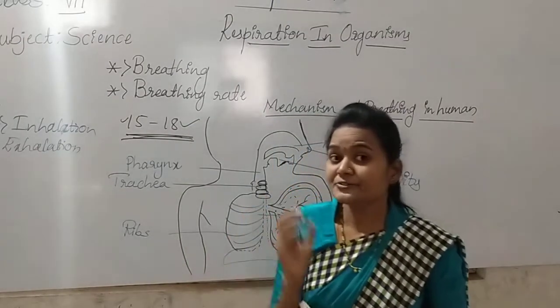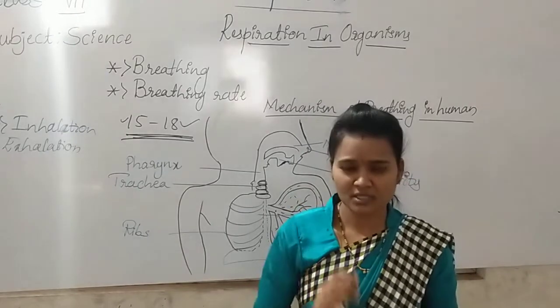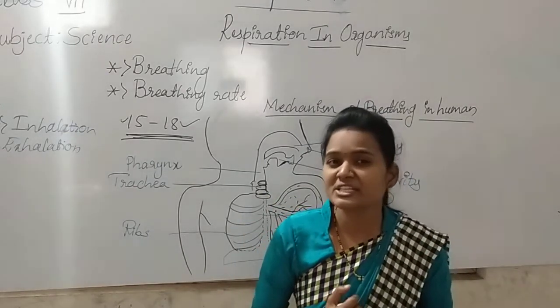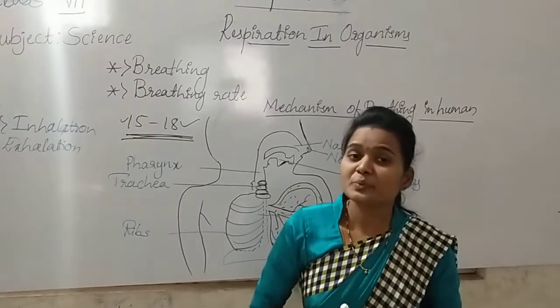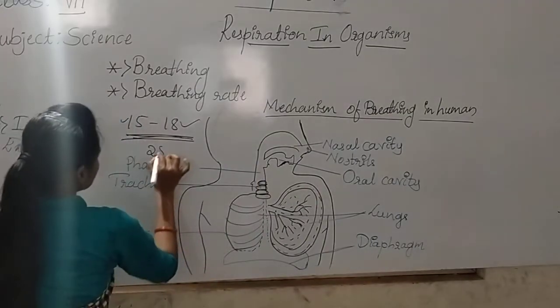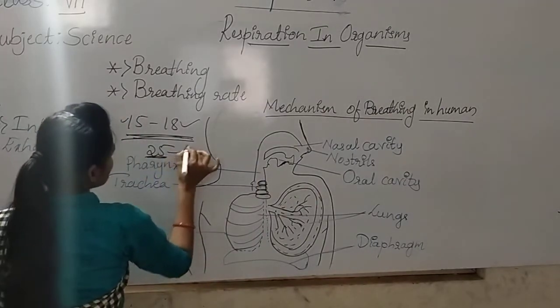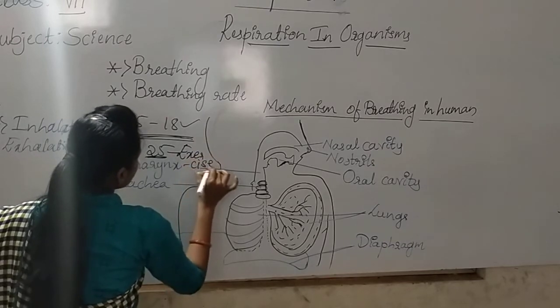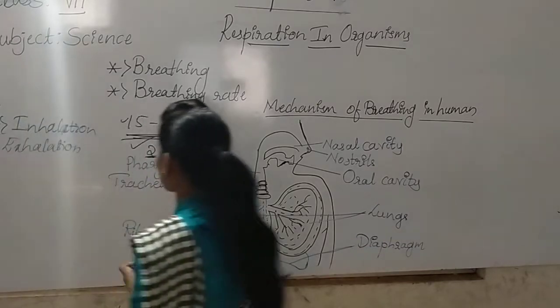And if a person is doing heavy work or heavy exercise, then what is the breathing rate there? That is 25. In the case of a person doing exercise or some other heavy work, the breathing rate is 25. This is important.